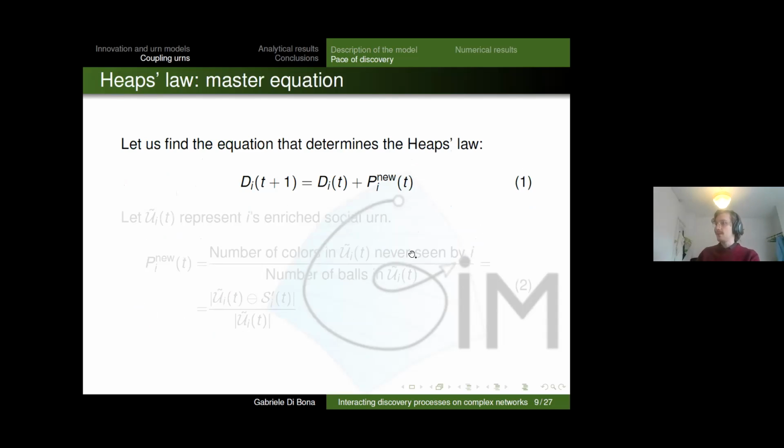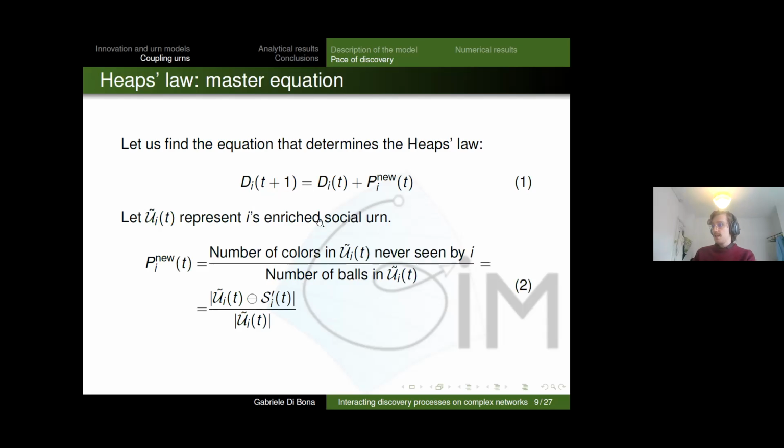So now we want to study what happens to the discovery process, right? So to the Heaps laws. What we need to do is determine the Heaps law, and of course now we want to simulate the model and try to see if we can say something analytically. So we need a master equation for this. The master equation usually comes from statistics, and it's something like this: for each node i, you have the variable D_i(t+1), which is just the same variable at time t plus the probability that this variable increases by 1.